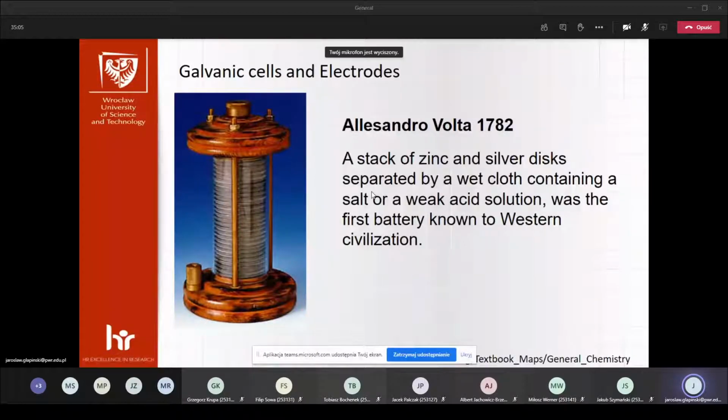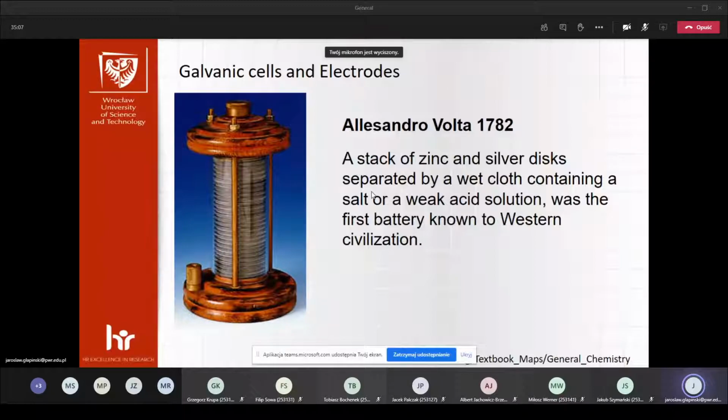Of course, Alessandro Volta was working on how to store energy, how to have a source of energy. And he discovered that there are some elements.